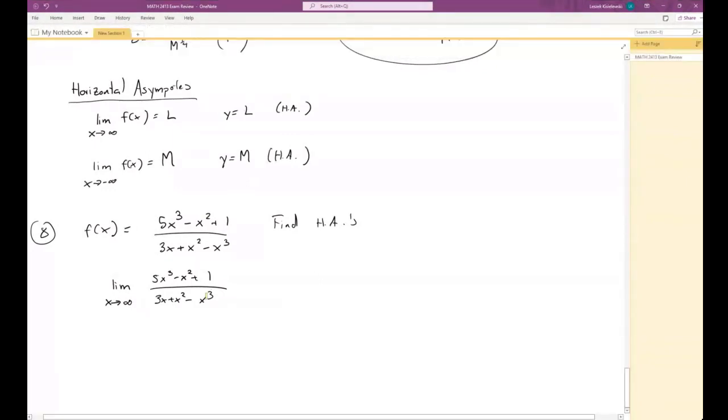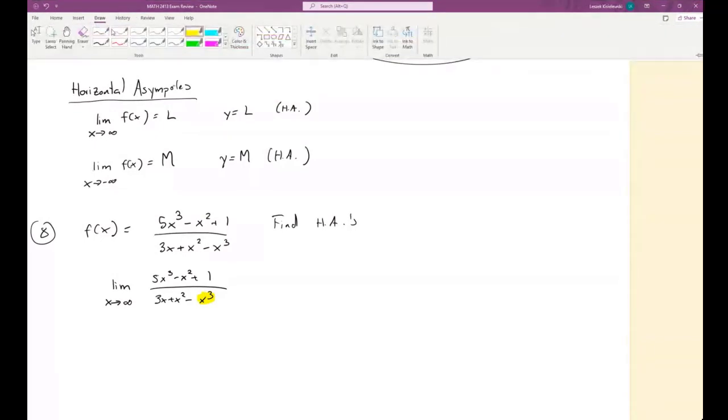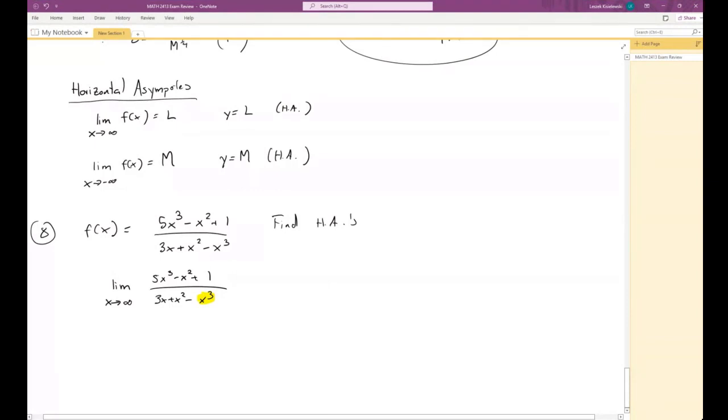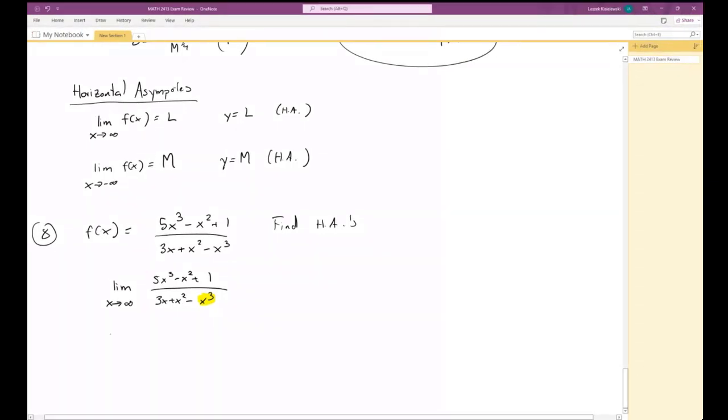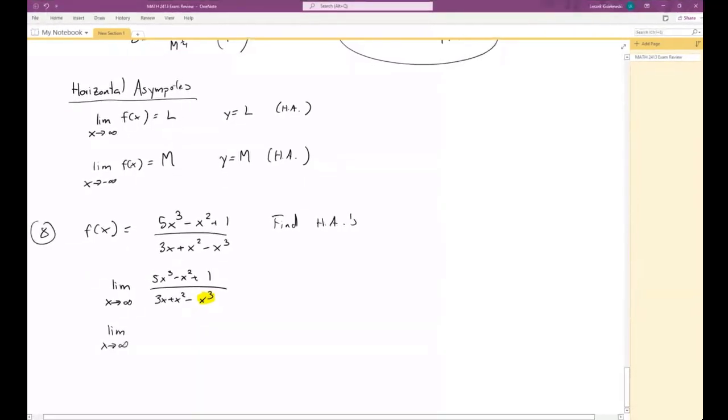So the highest power of x is x cubed, and then we just divide the top and bottom by x cubed. I'm very safe in dividing by x cubed because x is going to infinity, so x won't be 0.